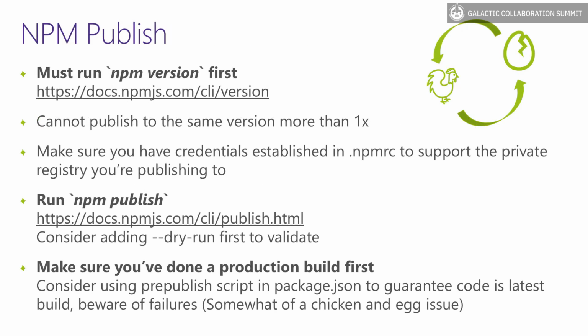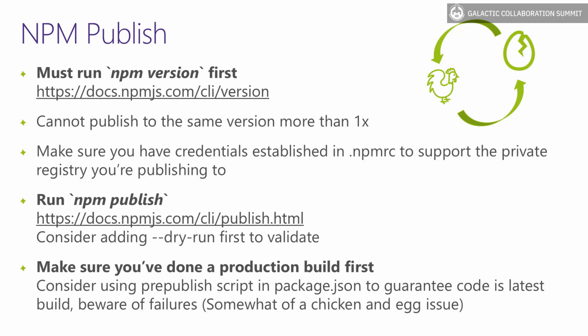So I kind of brushed over this, and it's because it's pretty simple, right? So the process of, once you get your library developed and it's in a place where you want to start sharing it out, get some testing done, or build it out even further, you want to run npm version first.